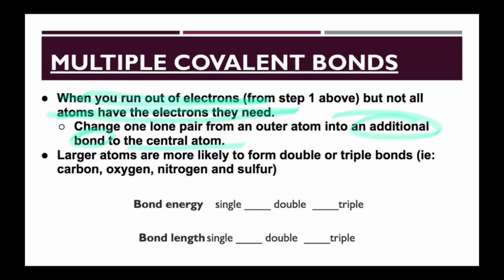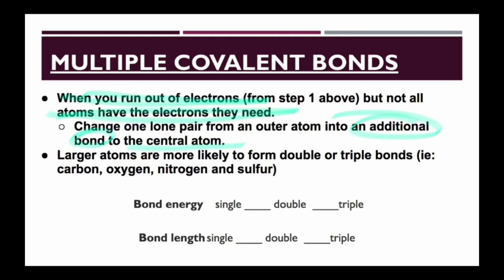And really what we're going to do is force an atom that has all the electrons that it needs to share some of those electrons with the atoms that don't have what they need. We're not really taking them away from that atom. We're just going to force it to share more by making an additional bond, a double bond or a triple bond, instead of this single bond, single line that we've been talking about.